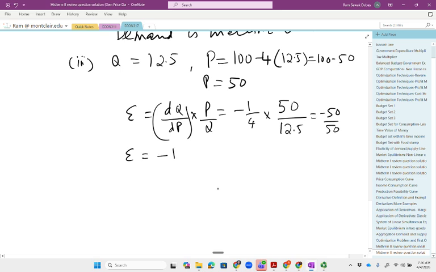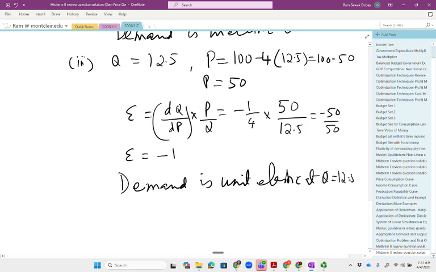Elasticity turns out to be negative 1. We can say demand is unit elastic at q equal to 12.5.